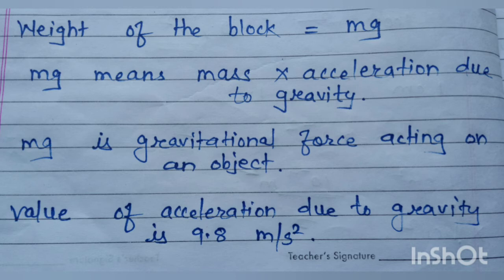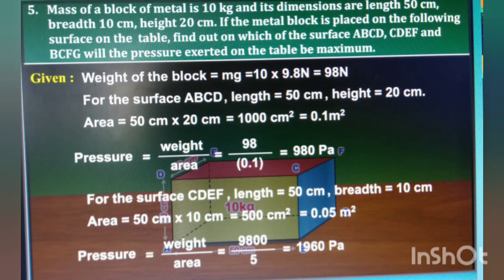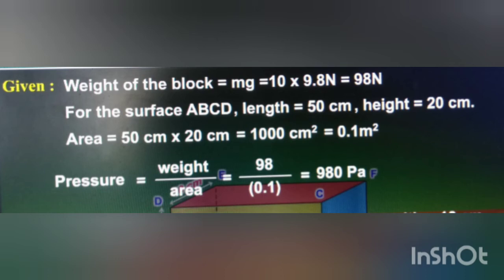Here we are going to substitute the values. Weight of the block is equal to mg, that is mass into acceleration due to gravity. Mass is given as 10, so 10 into 9.8 Newton is equal to 98 Newton. Now for the surface ABCD, length 50 centimeter, height 20 centimeter. So area is equal to length into breadth, that is 50 into 20 centimeter, that is 1000 centimeter square.